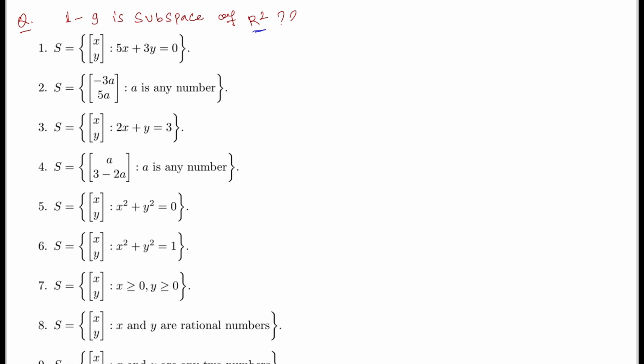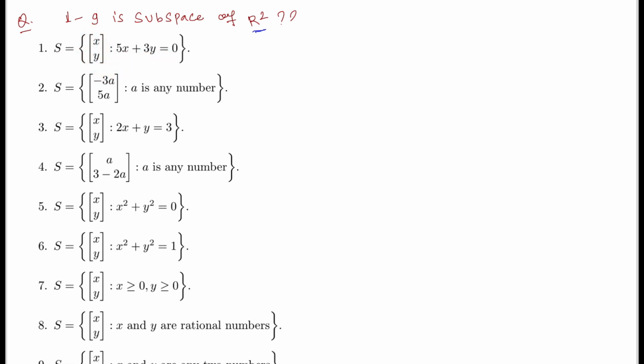In this video we will be talking about one question: whether a given set of vectors is a subspace of the vector space R to the power n or not. For the first question, we have this S. What is this S? This S is nothing but a set of vectors with a given condition. All the vectors in S will satisfy this condition.